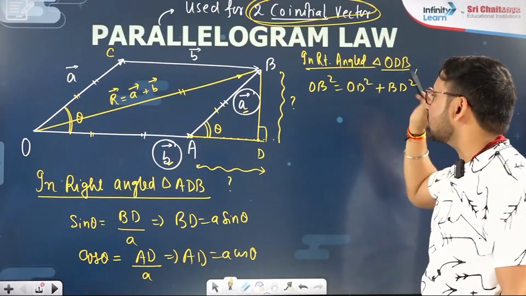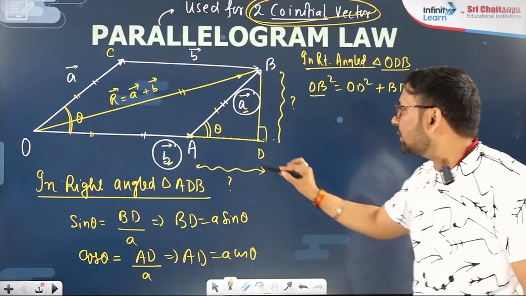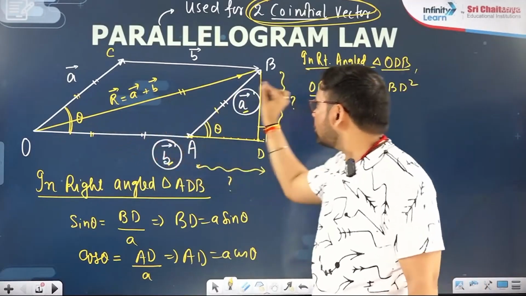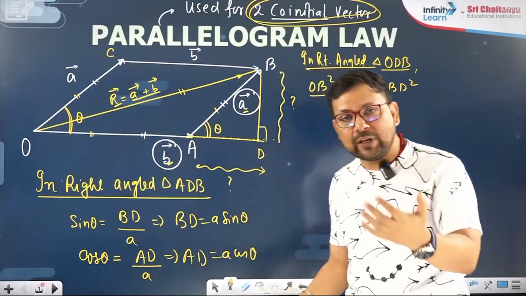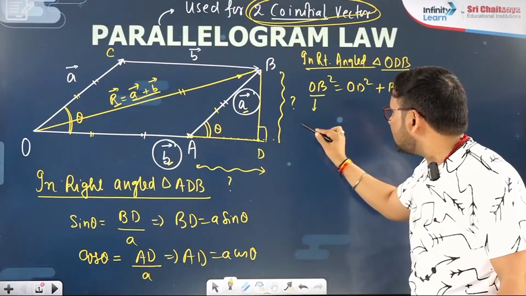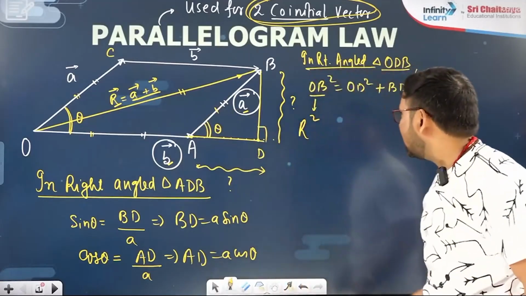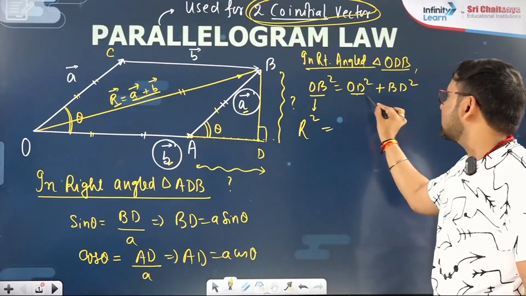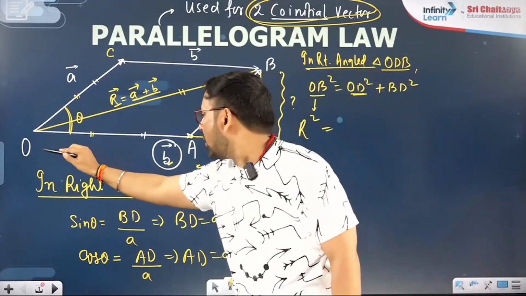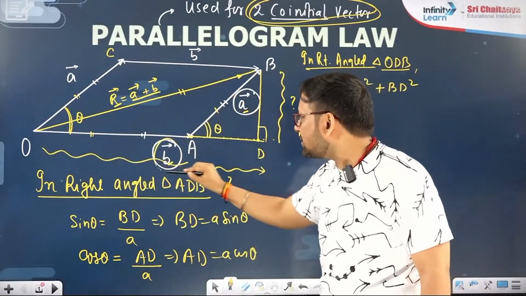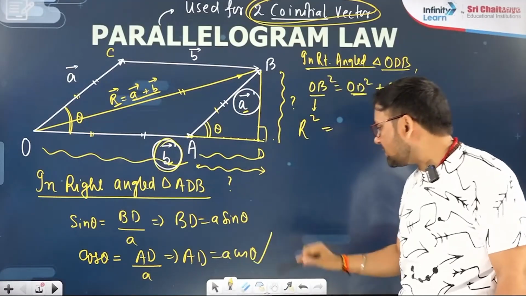Here OB is the resultant, the vector addition that we want to calculate, so OB square is R square. And OD is how much? See the entire base. O to A is B, and A to D is A cos theta.